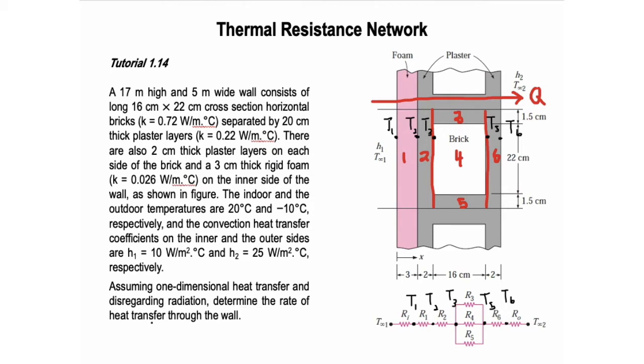Determine the rate of heat transfer through the wall. Okay, so we need to calculate Q. So Q equals to the temperatures given is T infinity 1 and T infinity 2.